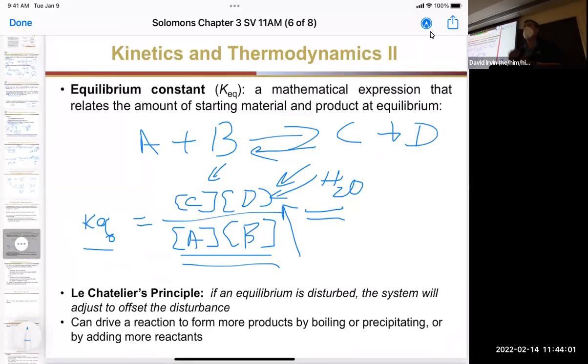That's what Le Chatelier's principle means: we can drive the equilibrium by changing the starting materials or the products. In this case, if we pull off water, we're going to end up getting all the way to our component C. It's all going to go to our final product.